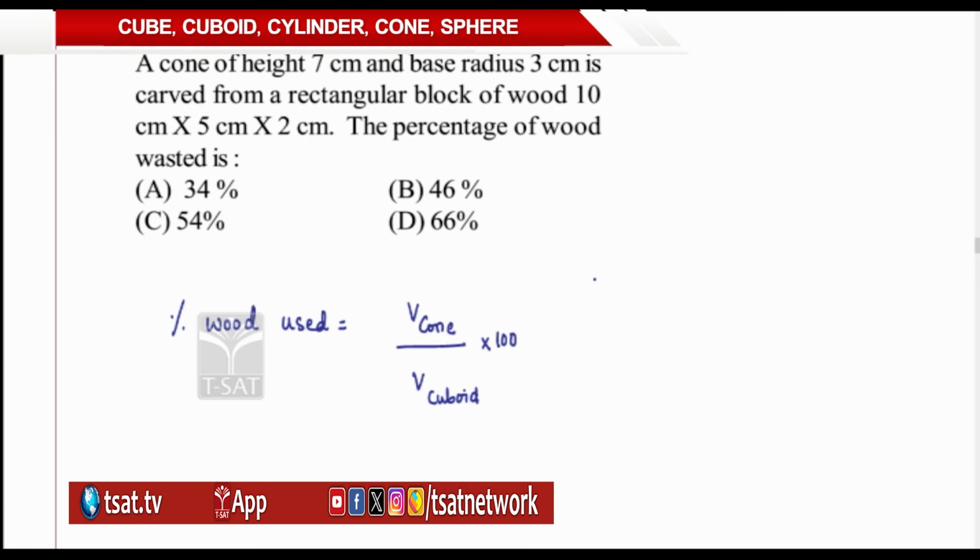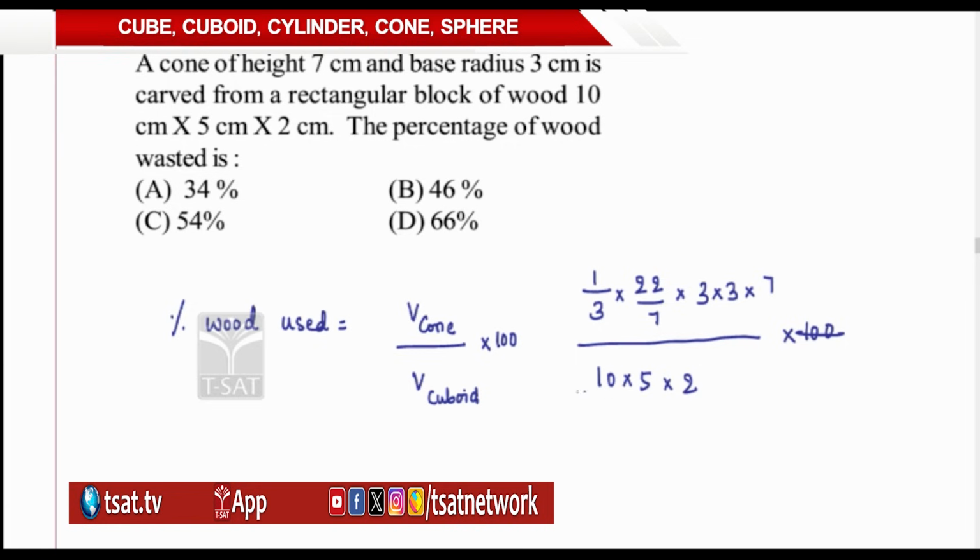Cone volume is 1 by 3, pi means 22 by 7, radius is 3, therefore 3 square, height is 7, divided by cuboid is 10 into 5 into 2, into 100.